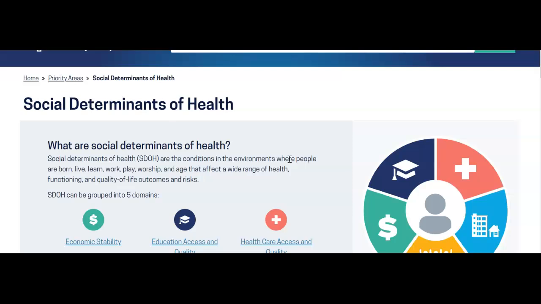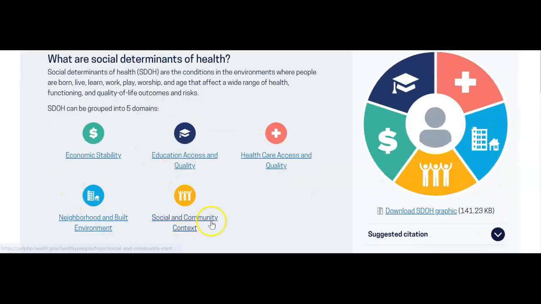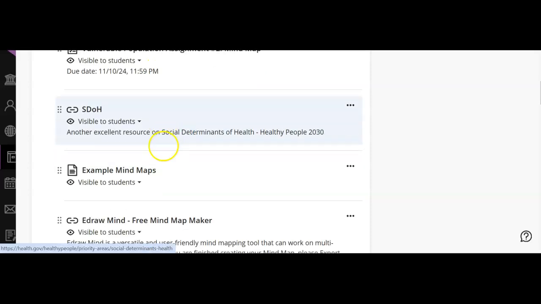I really love that definition. Healthy People 2030 categorizes them in 5 categories. You can look through this information, and I think it's just a really helpful site.